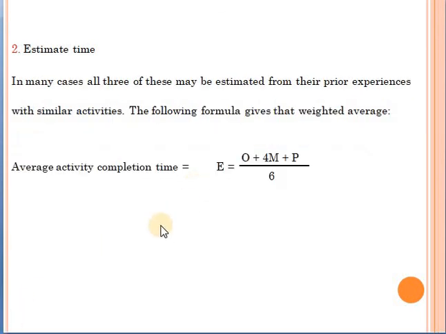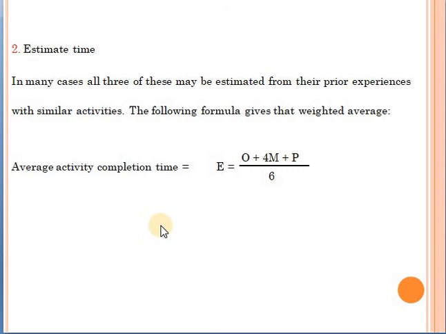So if I have experience with the completion of a certain activity, I can say that if everything goes perfectly, I'm going to get this duration. If everything goes wrong, then it can take this duration. If it goes on normally and no problems occur, it can be completed with this duration.